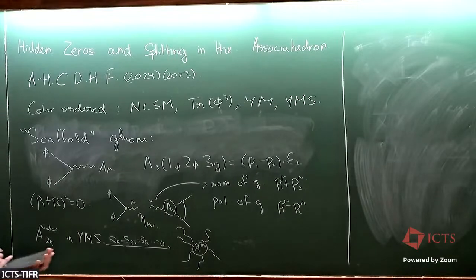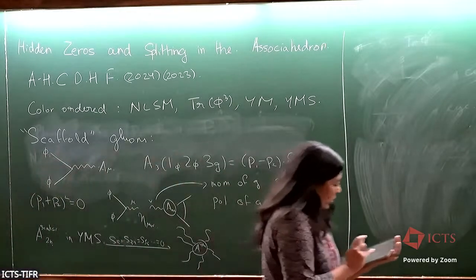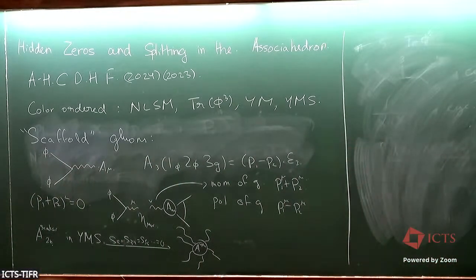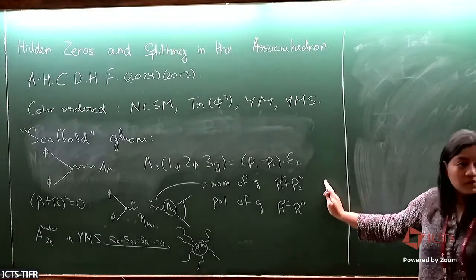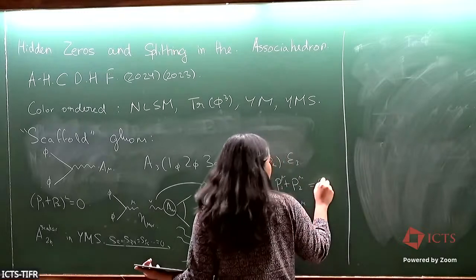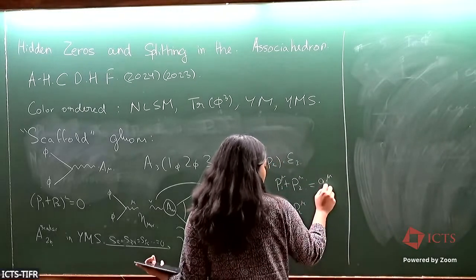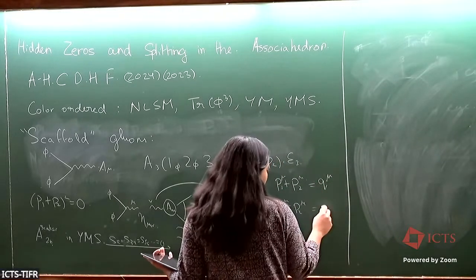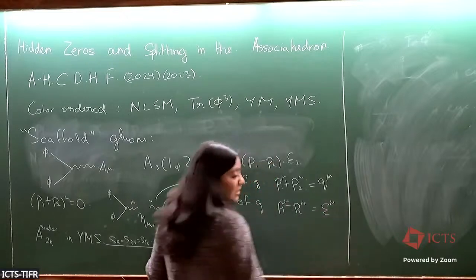Okay, great. So now if I tell you that Yang-Mills scalar amplitudes have this property of having zeros and splitting, we can just say, all right, I write down my zero conditions over there, except I use this translation. I now want to rewrite the zero conditions in terms of q mu, which is the momentum of the gluon, and epsilon mu, which is the polarization of the gluon.